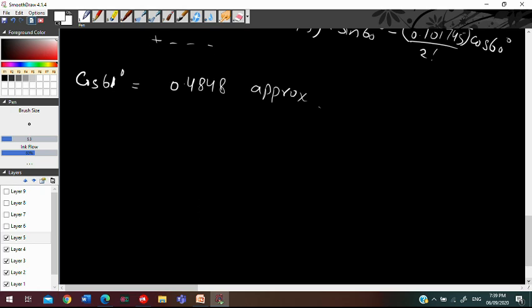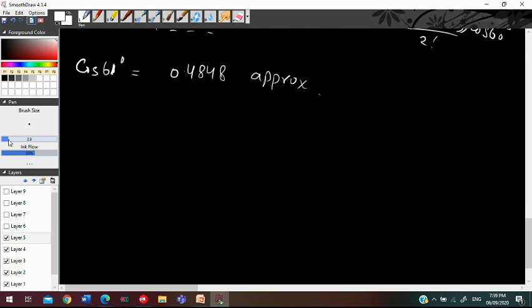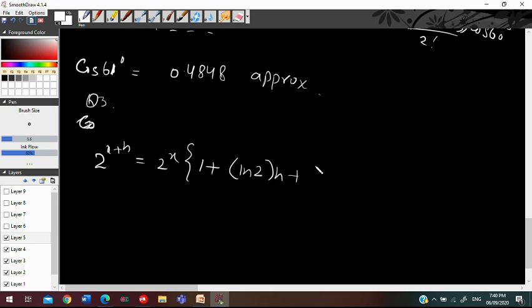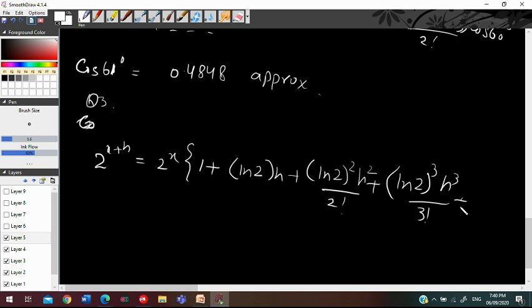In question number 3 of the exercise, it says: show that 2 power x plus h is equal to 2 power x times 1 plus log of 2 h plus log of 2 square h square by 2 factorial plus log of 2 cube h cube by 3 factorial up to so on.